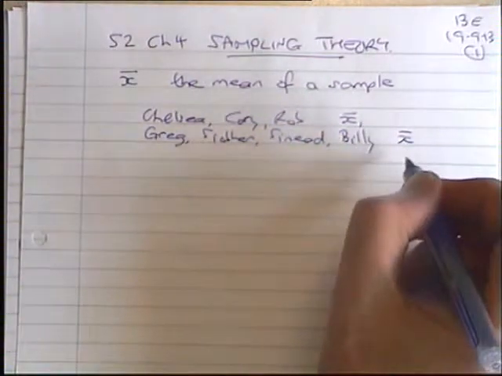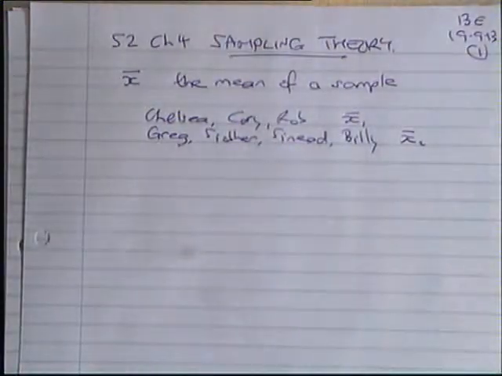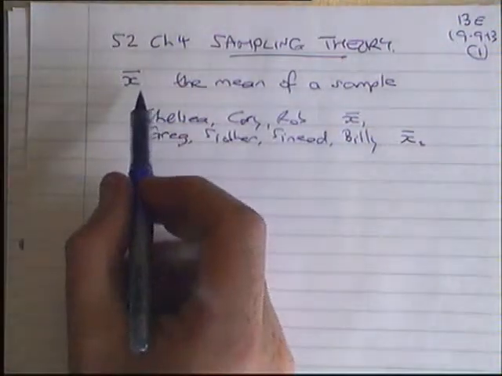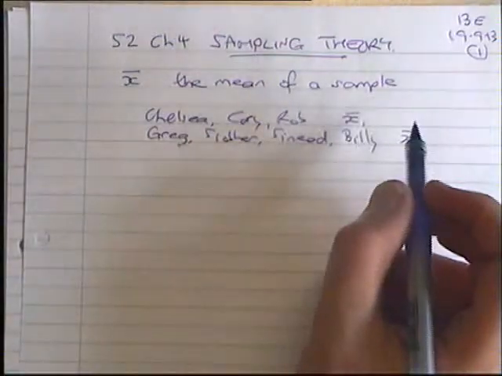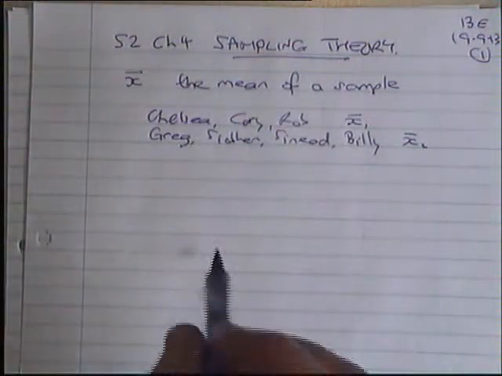So maybe I'll call that x bar 1 and that x bar 2. And those sample means may not agree, even though they come from the same population. So overall there's a population of people, the population is everybody, and a sample is some of them. So x bar is going to be the mean of a sample, and I could have different samples. So we'll come back to that bit in a minute.